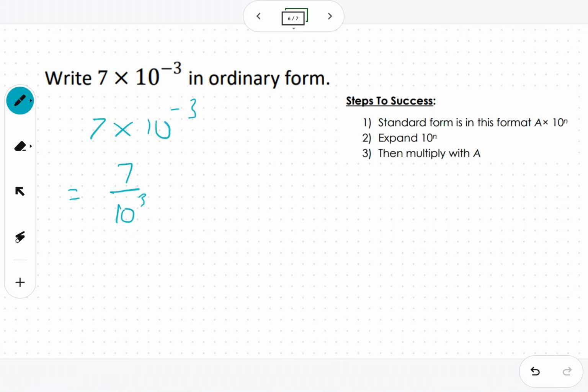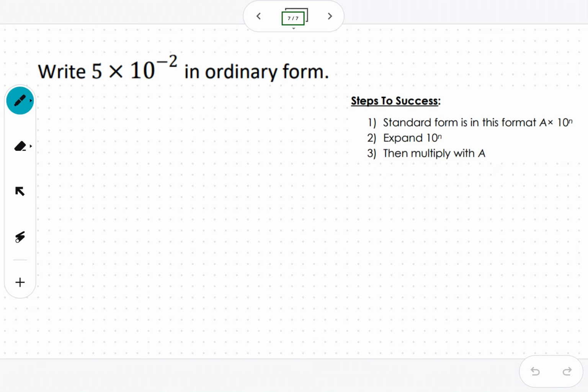So use the same process. Expand the 10 cube, 1, 2, 3. Now, do you remember? This is 7 thousandths. So the 7 must be at the thousandths place: tenths, hundredths, thousandths. So this is the final answer.